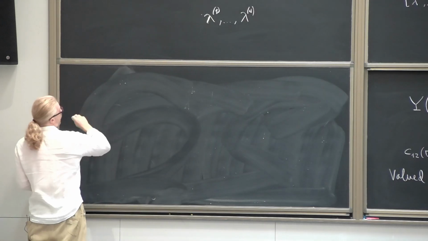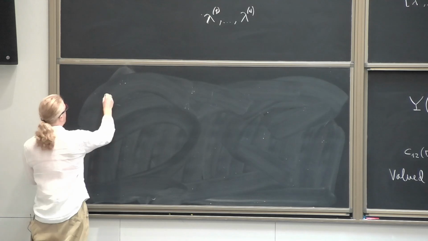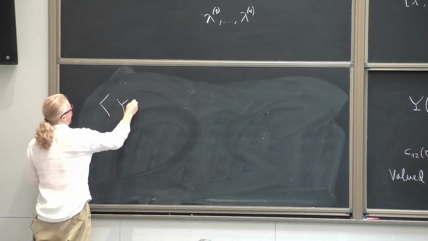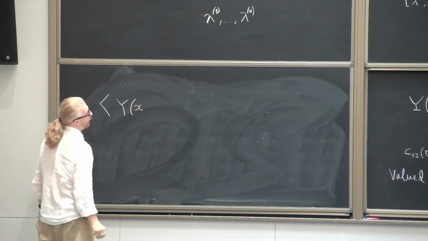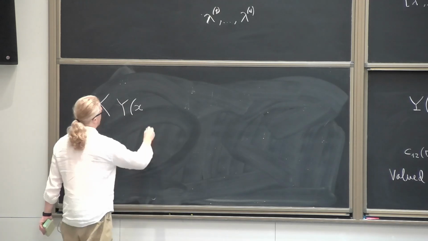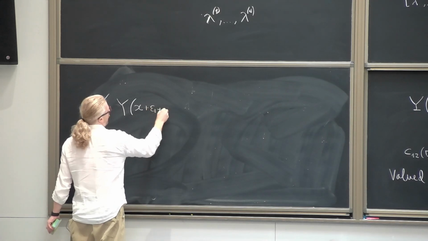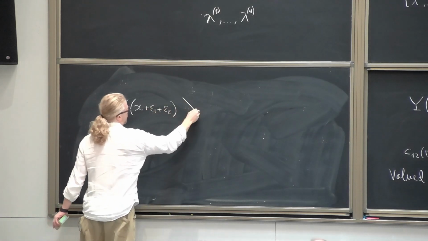So what do I mean by remedying this problem? Let's suppose that I'm evaluating the expectation value of y. For convenience, let me shift the argument of y by epsilon 1 and epsilon 2.